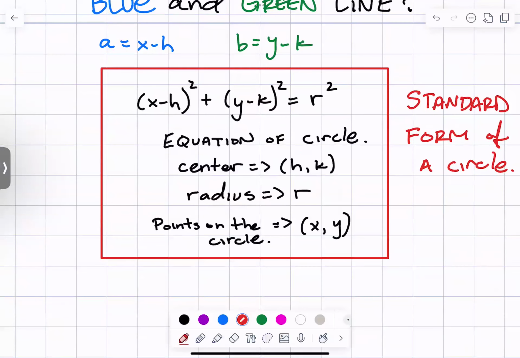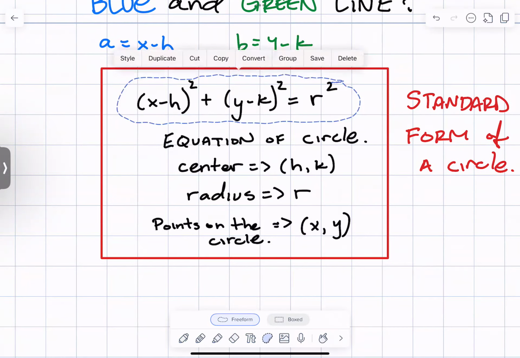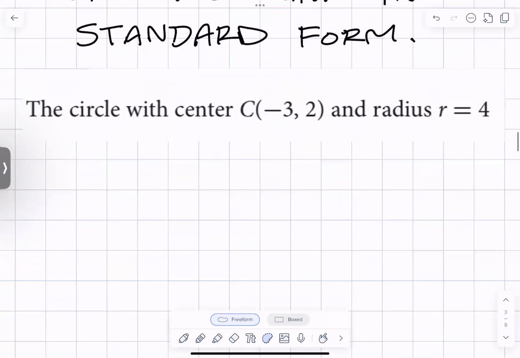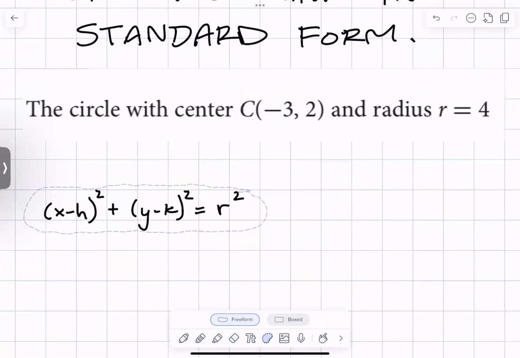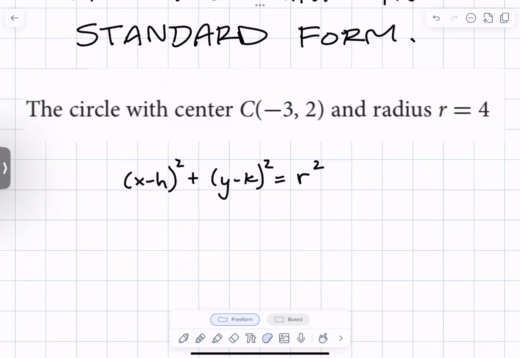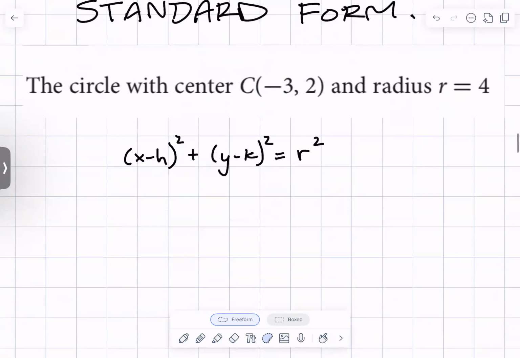So it's always going to be X minus H quantity squared plus Y minus K quantity squared equals r squared. Okay. So here's my standard form. We all know what H and K and r stand for.